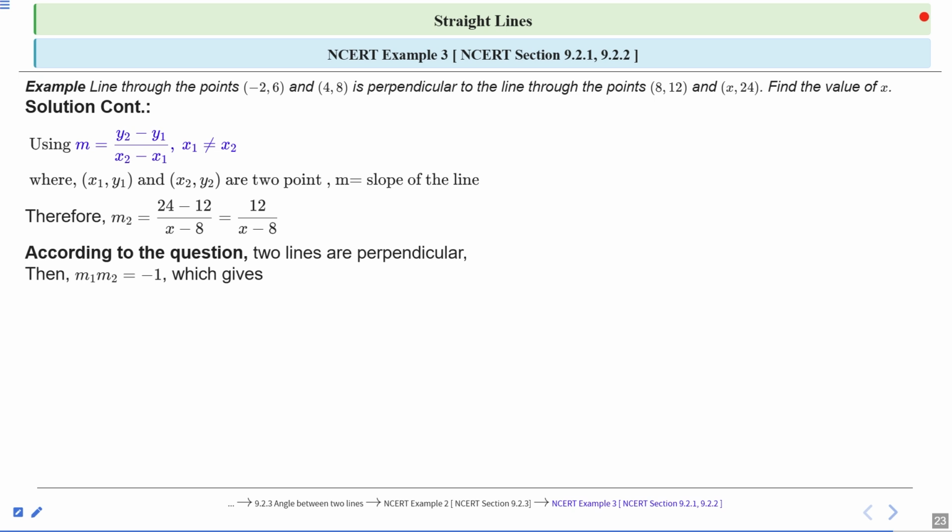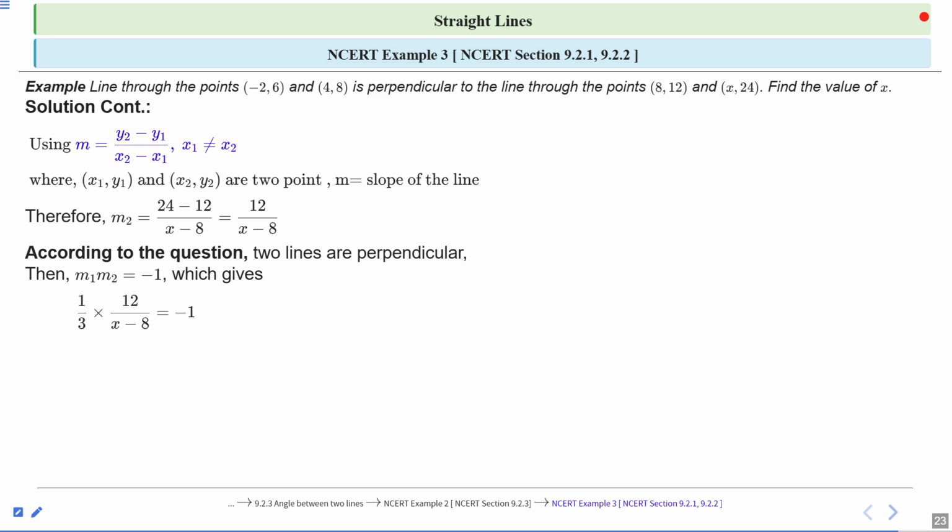So the product of the slopes of line 1 and line 2, m1 times m2, is equal to -1. Since m1 is 1/3 and m2 is 12/(x - 8), we obtain the equation (1/3) times 12/(x - 8) equals -1.